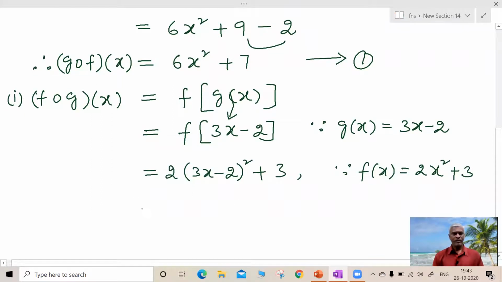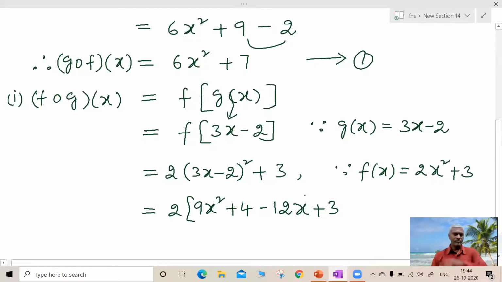Now expand this by using (a − b)²: (3x)² is 9x², plus b² where 2² is 4, minus 2ab, 2 into 3 is 6, 6 into 2 is 12, 12x, plus 3 as it is.